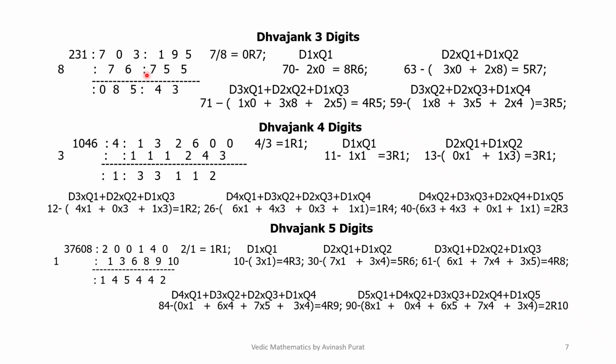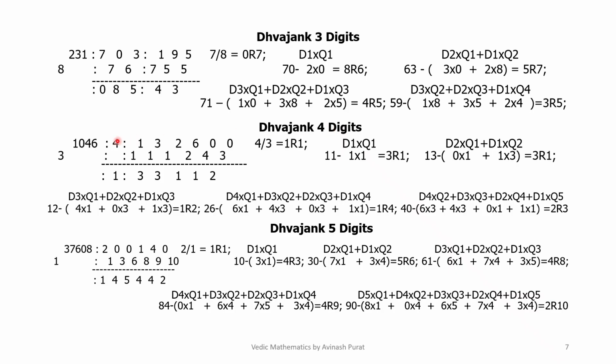Next dividend is 59 minus D3 into Q2, D2 into Q3 and D1 into Q4. So 59 minus 1 into 8 plus 3 into 5 plus 2 into 4, that is we get quotient 3 and remainder 5.